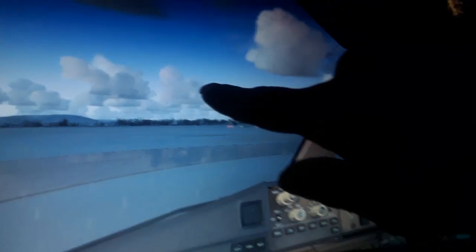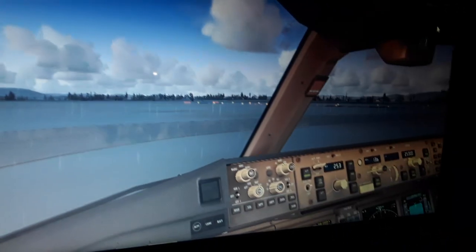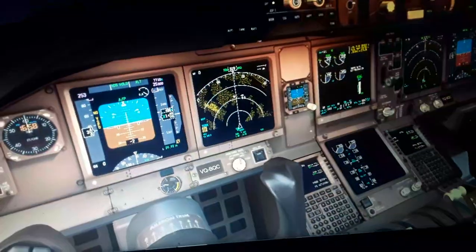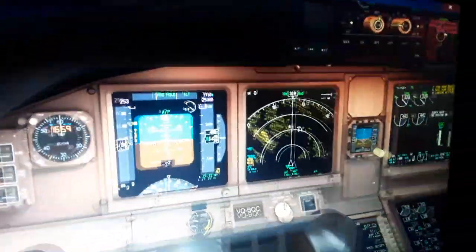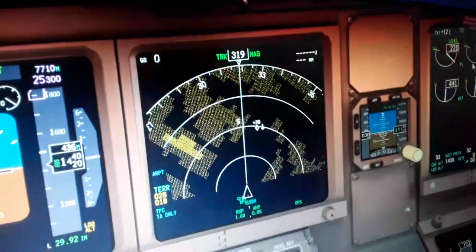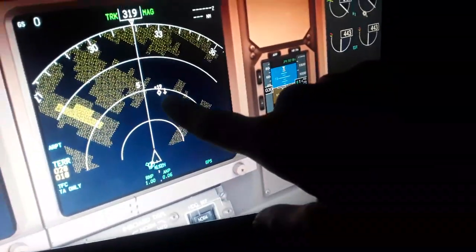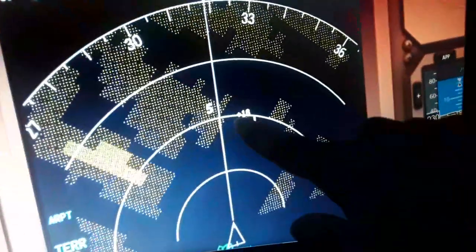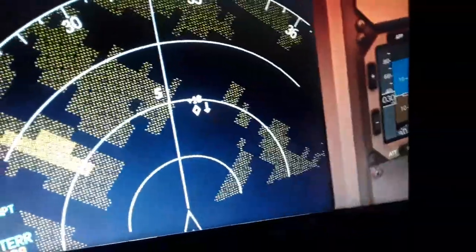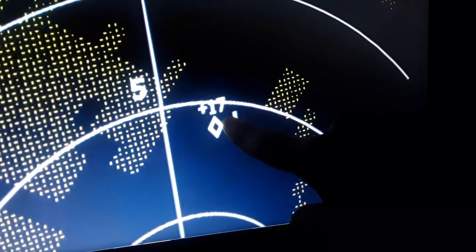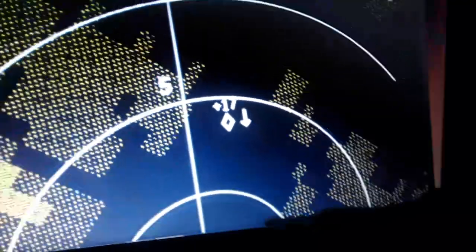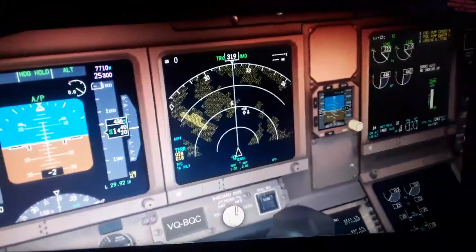You can see it's in front of us. You will see it in a couple of minutes. Now it's 5 nautical miles in this ring, and it's getting closer and closer. Now it's plus 1,700. It's getting closer, and this line in front of us is coming for landing.